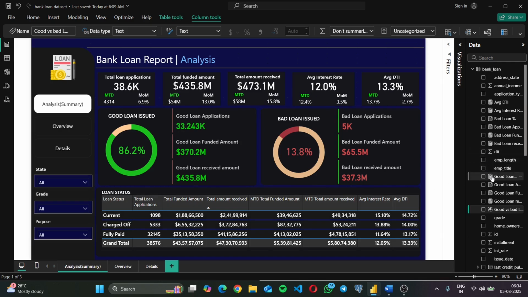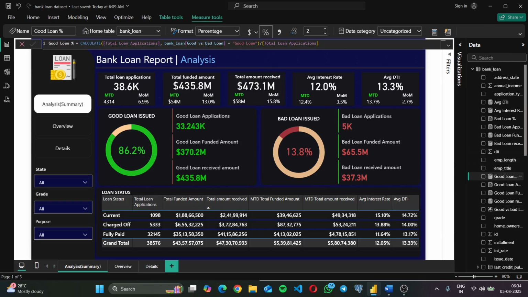So I calculated good loan percentage by taking the total loan applications, segregating it by only including loans that have the specific value, good loan, and then dividing it by the total loan applications. This gave me the good loan percentage. Same for the bad loan percentage.